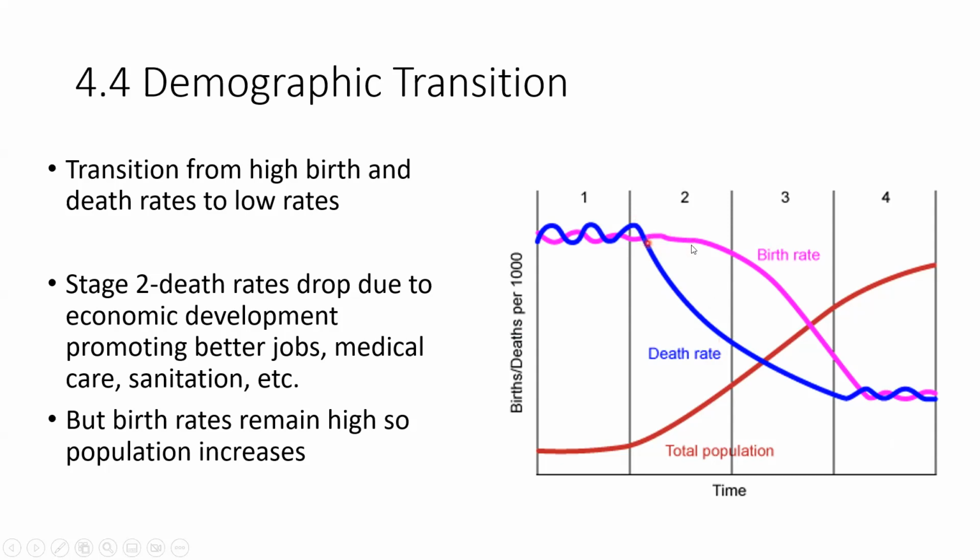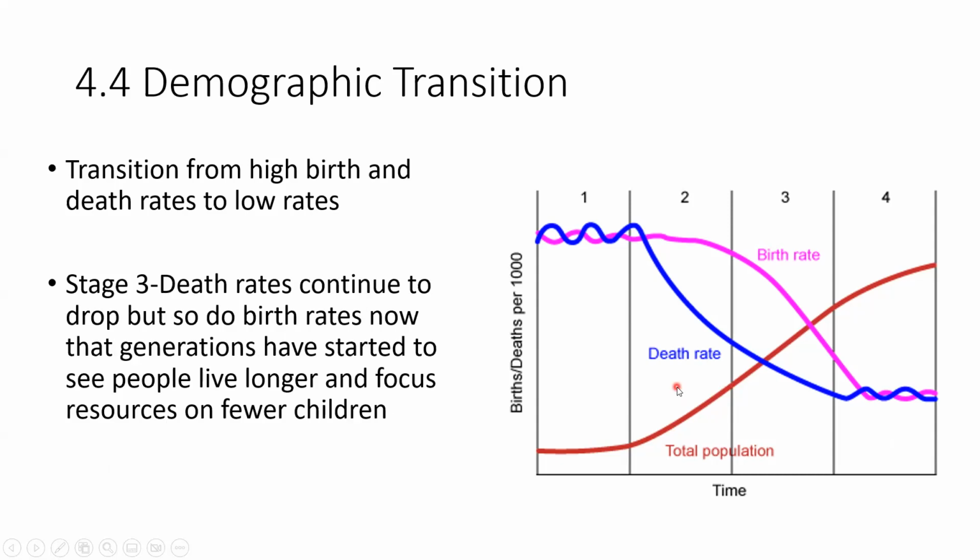But initially, nothing's going to really change about the birth rate, because people are not going to really notice that death rate decreasing initially. So there's not going to be anything they're doing that's going to alter the birth rate accordingly. So in stage 2, we see that death rate plummet. We see the birth rate remain constant though. So since we're having many more births than deaths, we start to see the population increase.